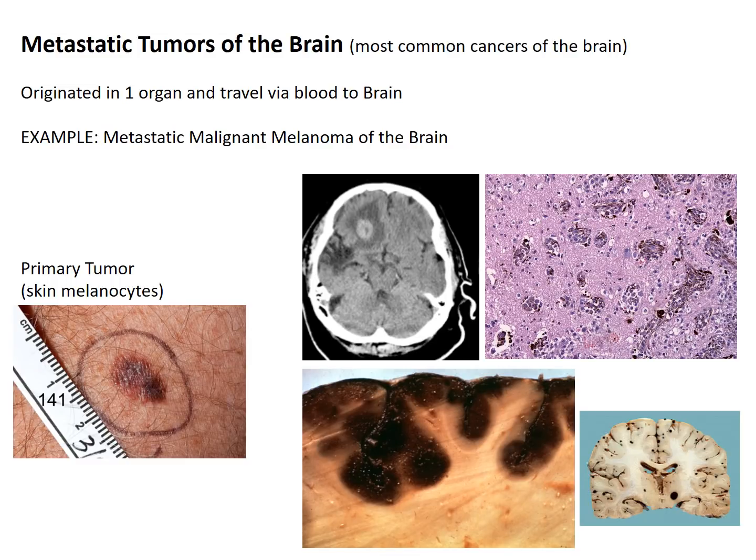And then finally, let's just briefly talk about metastatic tumors of the brain. These are the most common forms of cancers. Again, metastatic meaning it originated in one organ and then traveled via blood to another organ. Here is an example of a metastatic malignant melanoma.